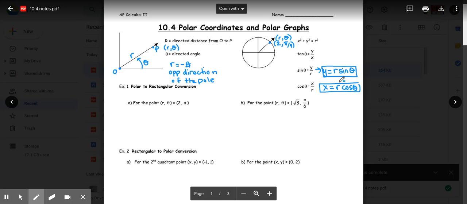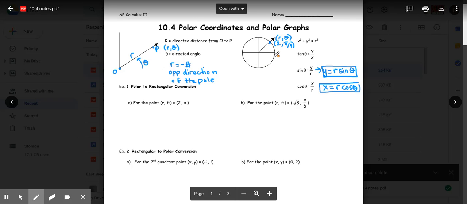There are other ways to represent this point 2 comma pi over 4, and that's what I was talking about with your r being negative. In polar, there are always 4 ways that we can write a point. Here's one way. Another way would be if we want to go backwards.